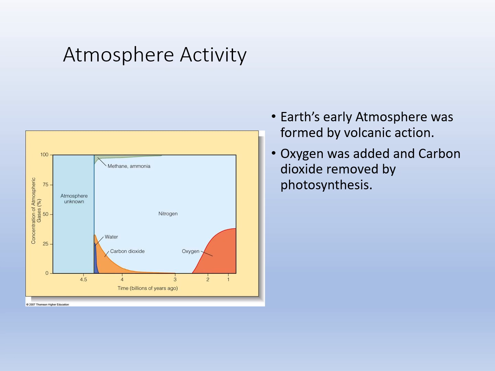So oxygen was gradually being introduced for about 1 billion years through photosynthesis until it became measurable. And when it finally increased to a large enough percentage of the atmosphere, multi-celled life was possible.